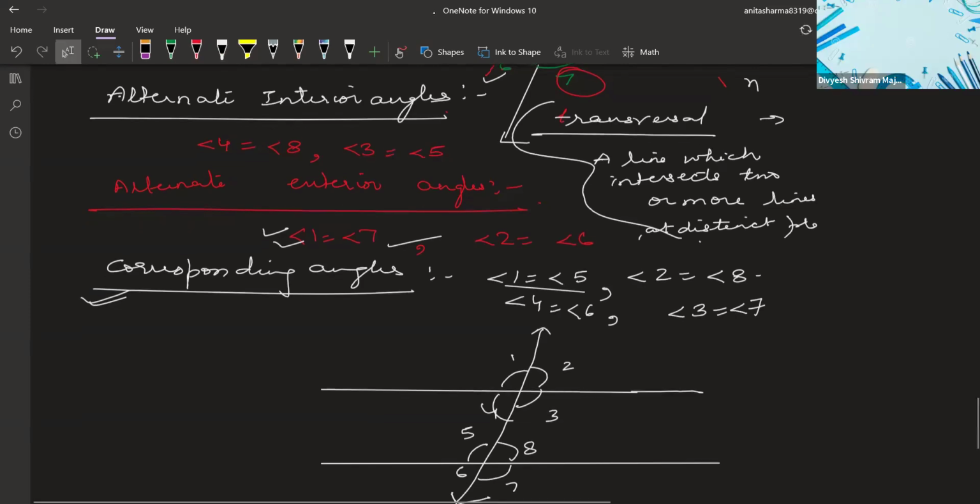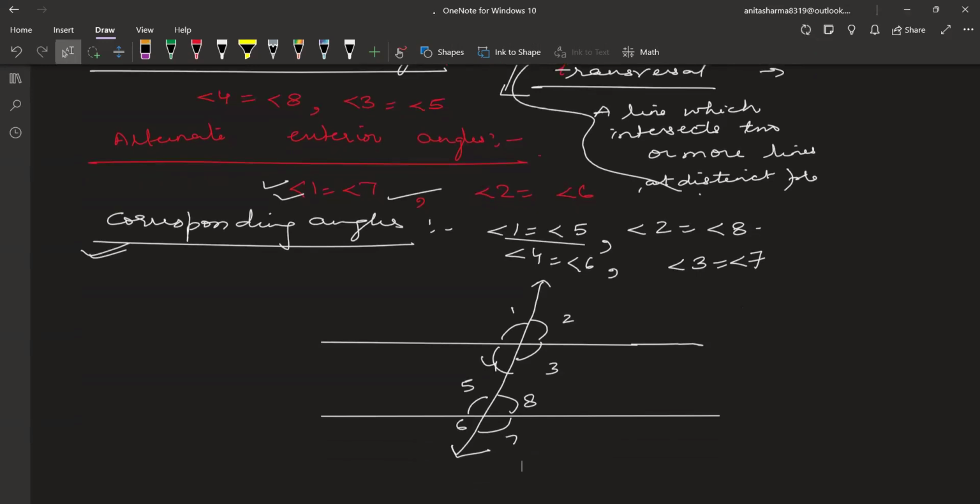Yes, ma'am. In most cases, if you take alternate interior angles, if the value of angle 8 is given, and 8 is x, then angle 2 will also be x, angle 4 will also be x. Then angle 4 will be x, and angle 6 and angle 2 should be equal, right?